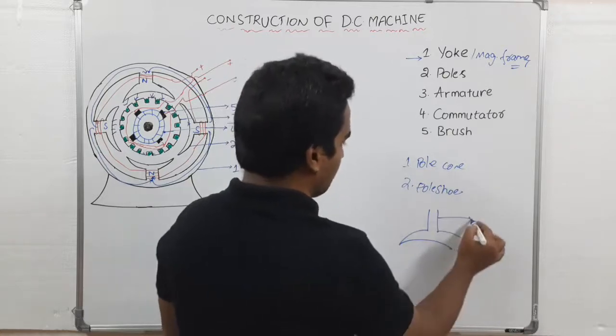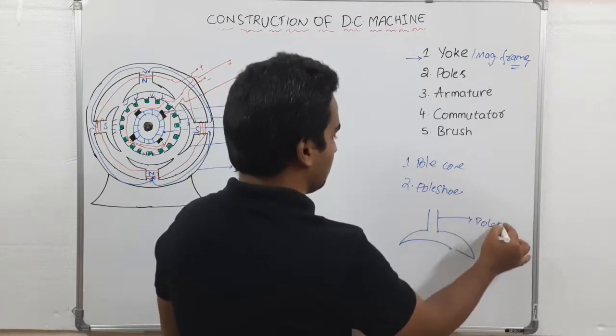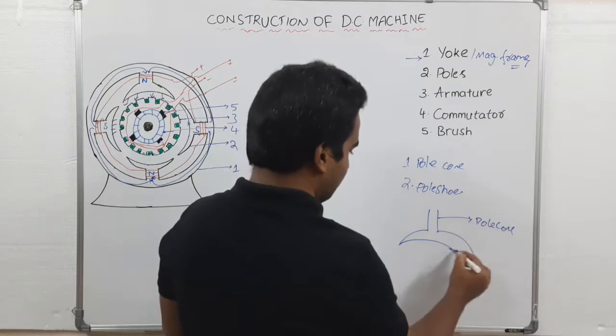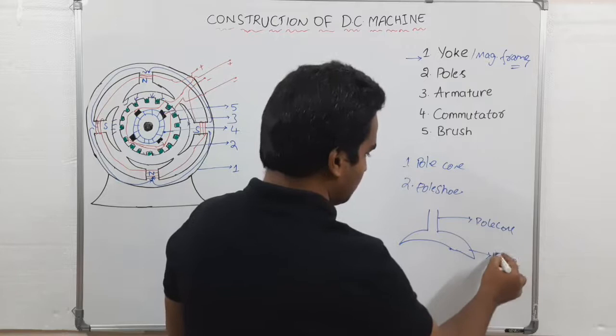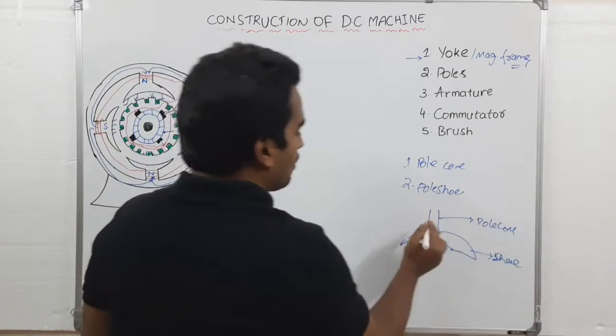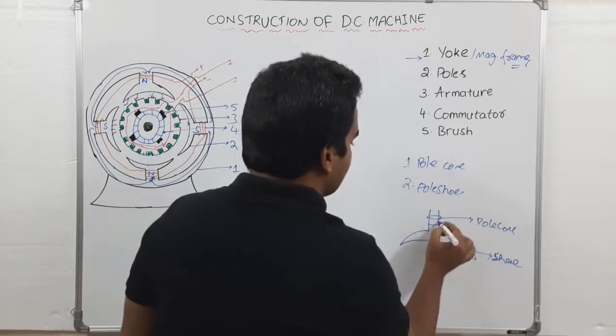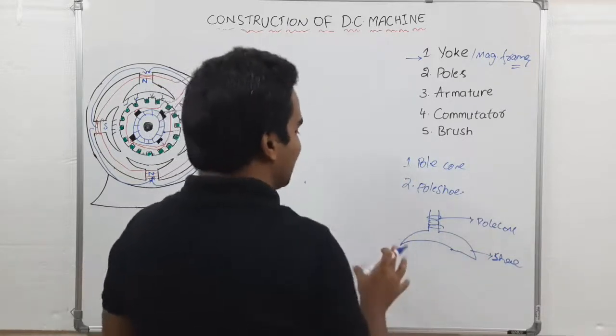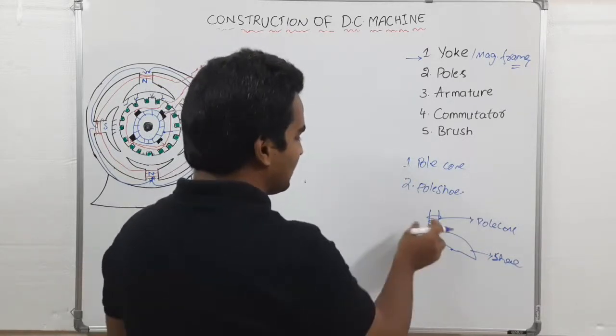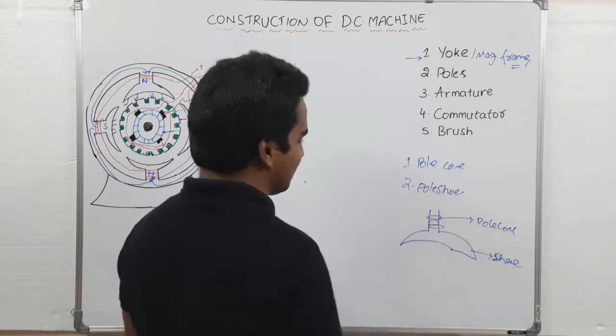This is the pole core and this one is the pole shoe. The pole core accommodates the field winding, and this pole acts as an electromagnet when its field winding gets excited.